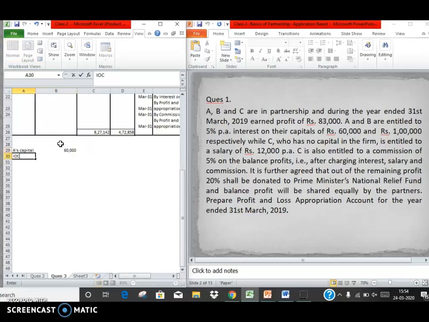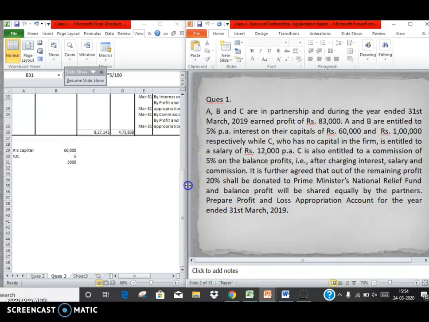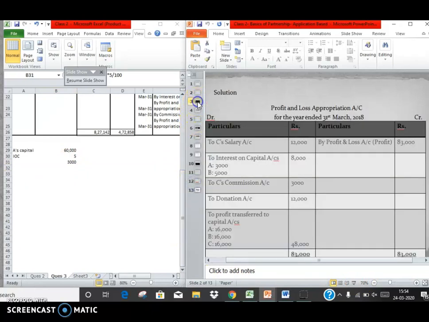Interest on capital is 5%. So how will you calculate the interest? This amount into 5 divided by 100. So amount is 3,000. So if you see in the question, this is 3,000, right?